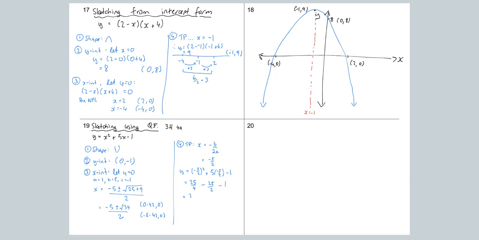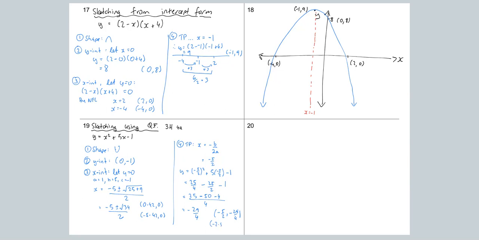And that's equal to 25 minus 50 minus 4 all over 4, which is negative 29 if I haven't stuffed up, on 4. So that's negative 29 on 4. Sorry, wrong way around. That's negative 5 on 2 and negative 29 on 4.